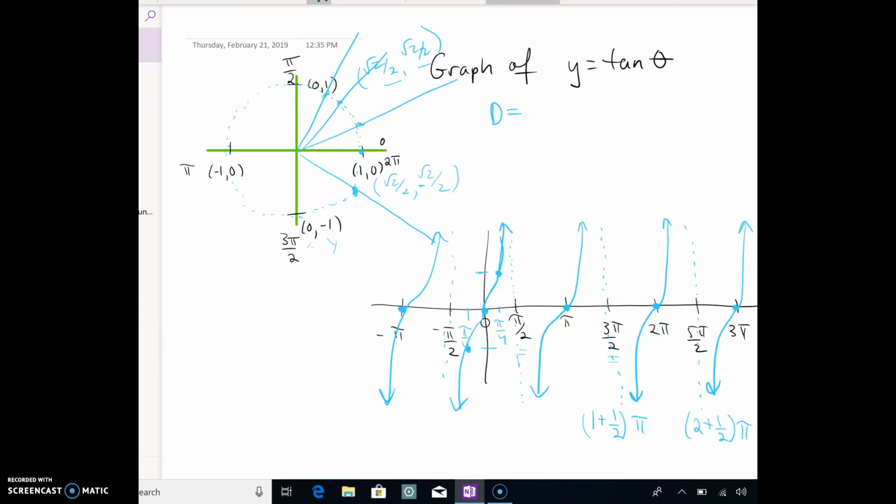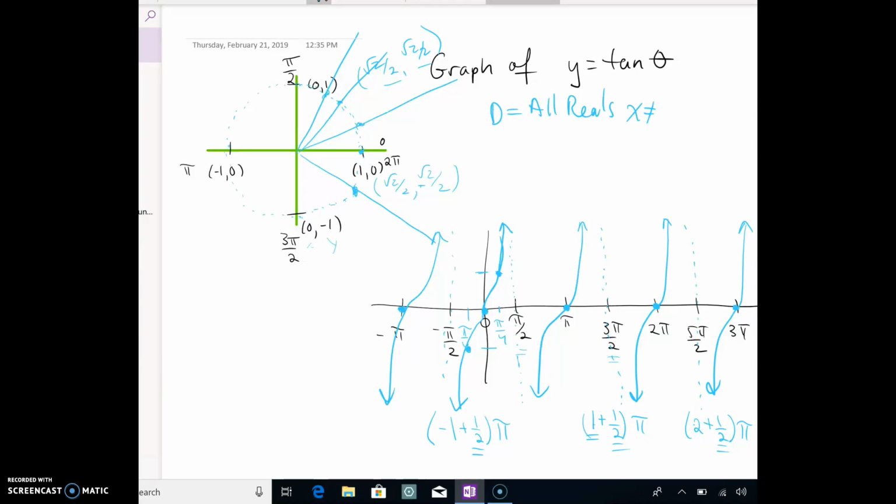We also have an asymptote over here at negative pi over 2, which is the same thing as saying negative 1 plus 1/2 pi, which means that our domain is all reals except x cannot equal any half a pi plus any integer value of pi: 1, 2, -1, -2.